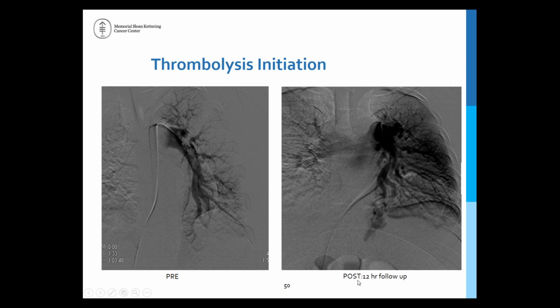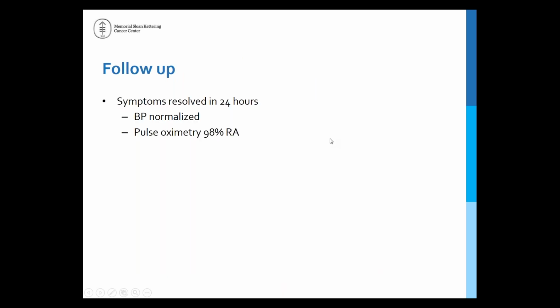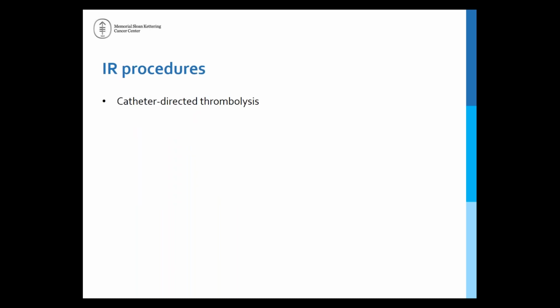And at the conclusion, after 12 hours of catheter-directed thrombolysis, you see that most of the left lung is perfused. So a big difference between before and after the procedure. In this patient, the symptoms normalized in 24 hours. The blood pressure was normal, and she was sitting well on room air.